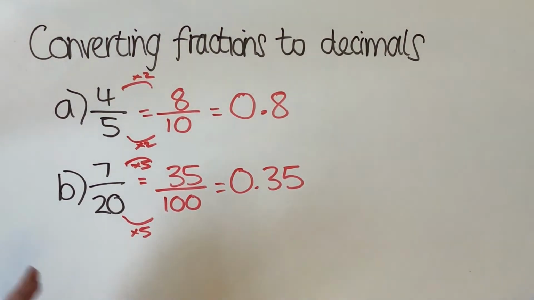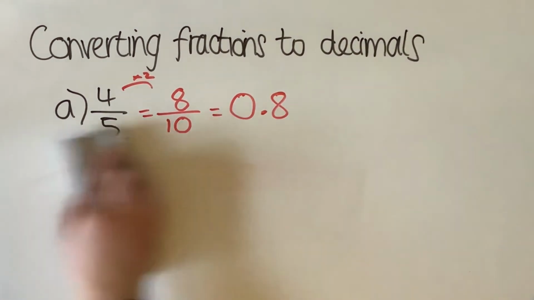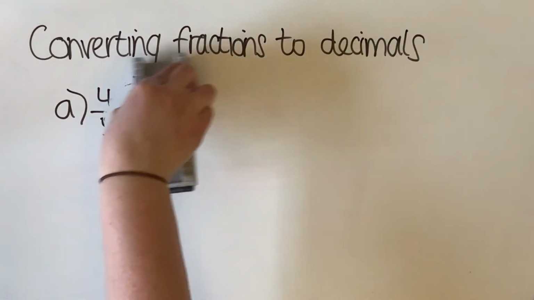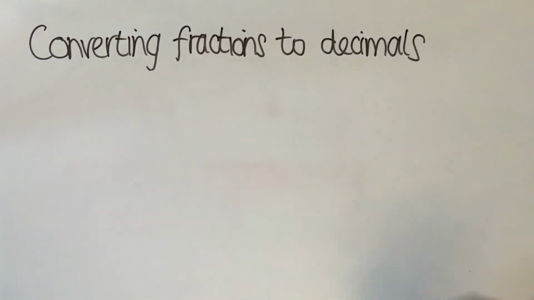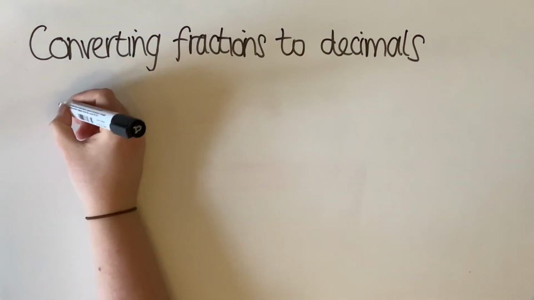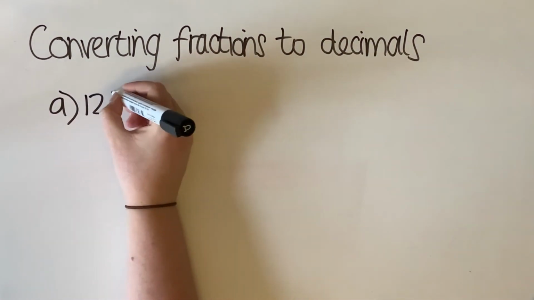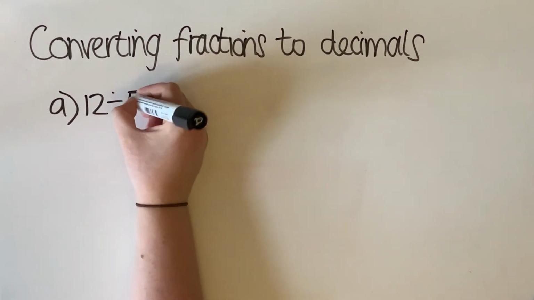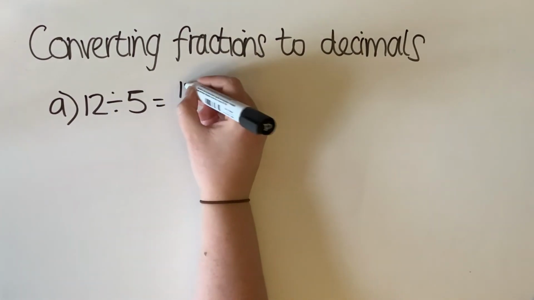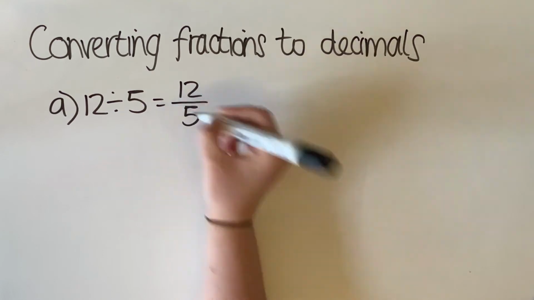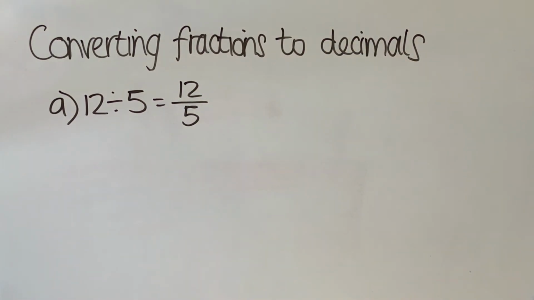However, sometimes you can't convert the fractions into tenths, hundredths or thousandths. So we then need to pull on our division knowledge to help us work that out. For example, if we had the division sentence 12 divided by 5, which as a fraction would be 12 fifths, and we wanted to represent that as a decimal, we would need to divide it.